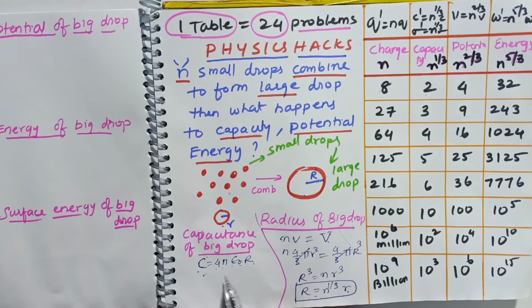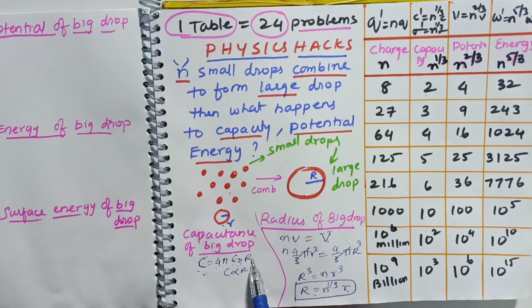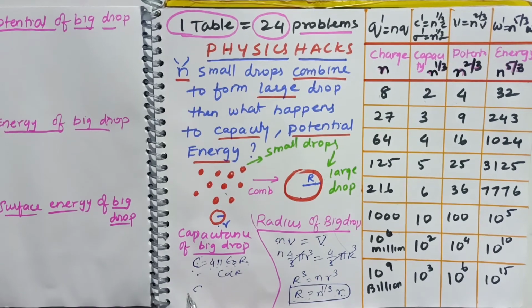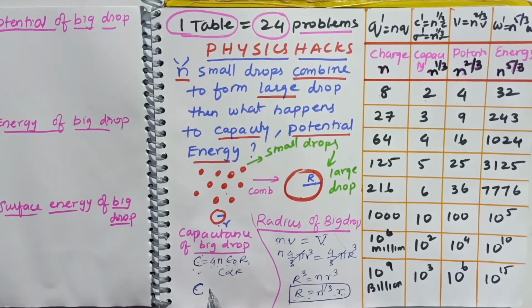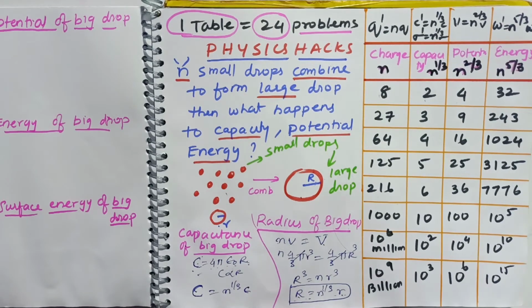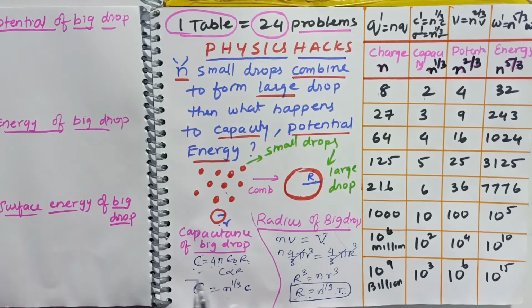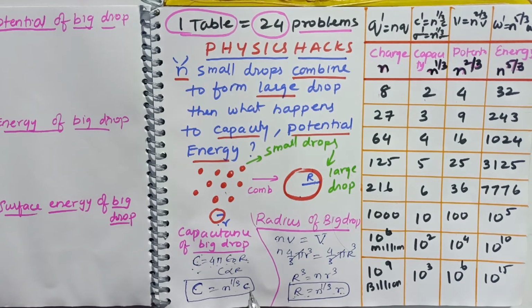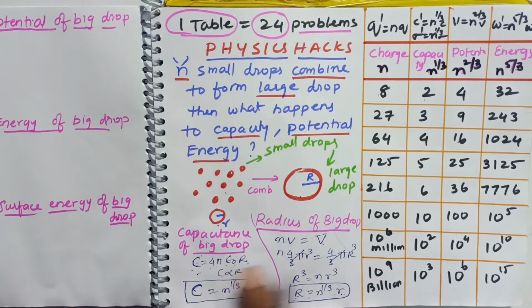Capacity and radius are directly related, so whatever relation you get for radius, the same relation you get for capacitance. Capacitance of the larger drop is equal to n power 1 by 3 times the capacitance of the smaller drop.